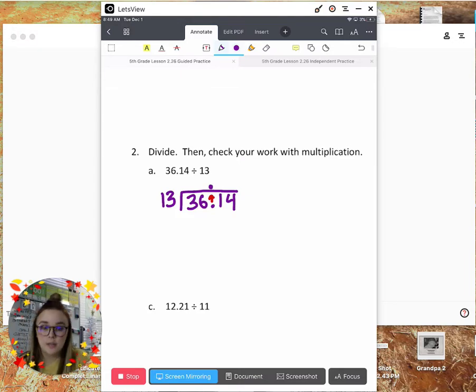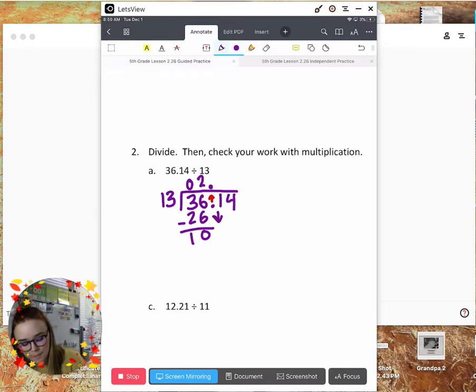So 13 can't go into 3, so I'm going to put a 0 there. But 13 can go into 36. And 13 can go into 36 2 times. 13 times 2 gives me 26. I subtract, and I get 10. And since 10 is smaller than 13, I know I'm good to go.